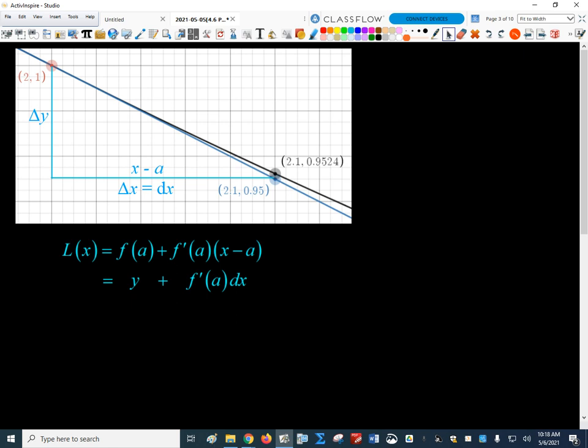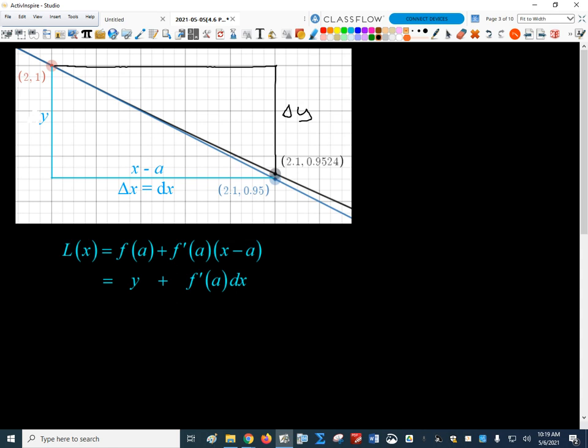So what we really should do, I'm going to make one little change here to this. Let me cross that out. We could say here that the amount the function has actually changed is what we could call delta y.